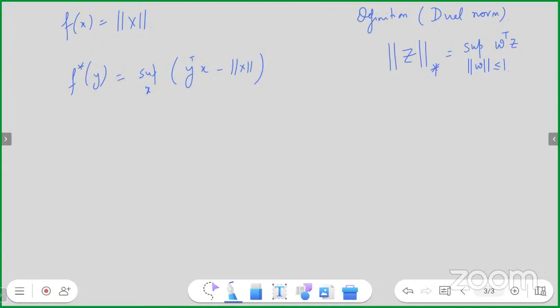Can you give me a geometric interpretation of this? What does it mean? Pick your choicest z. Let's work on, let's say, R2. Tell me, for a special z, what will it look like?